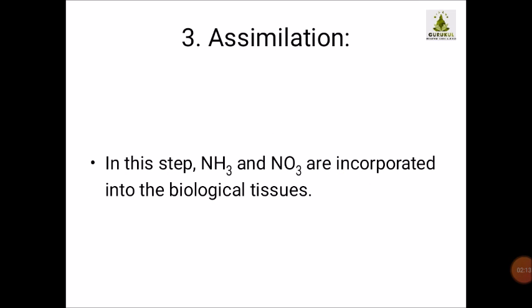Then assimilation. In this step, the NH3 and NO3 molecules are incorporated into biological tissues. Okay, in this stage the nitrogen is absorbed into the biological tissues of the living being.